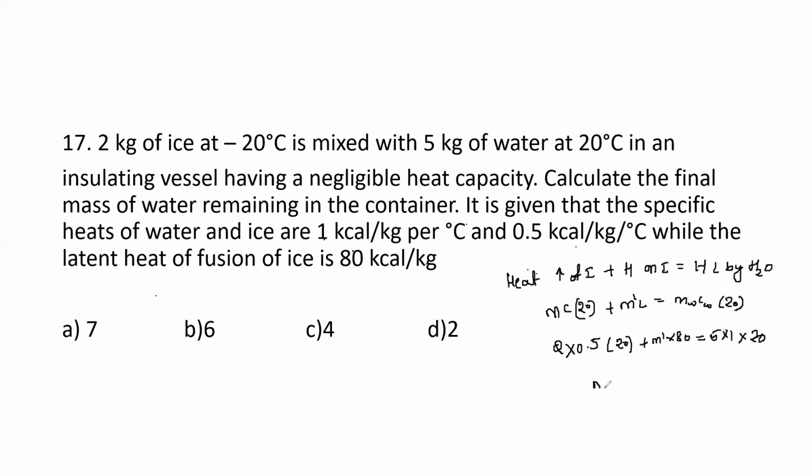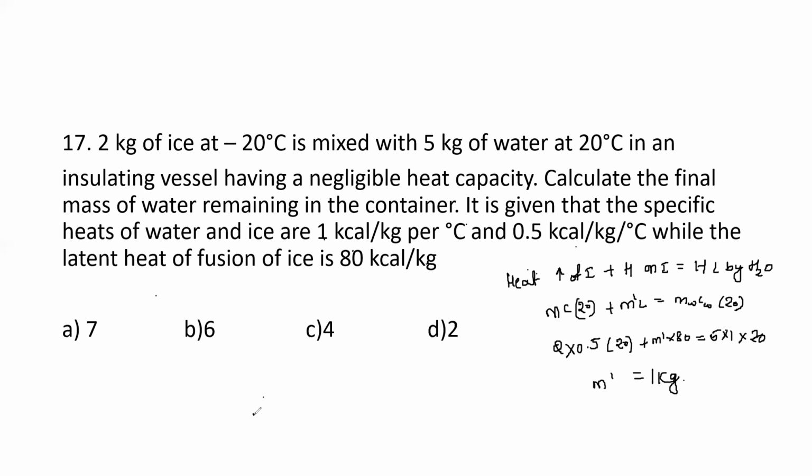Therefore, if you simplify this, m dash is what? It is the mass of ice that melts. mw is initial mass of water, m is initial mass of ice. So here if you simplify this, you will get it as 1 kg.